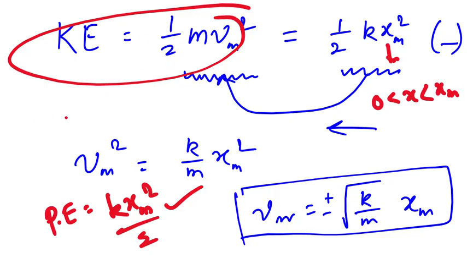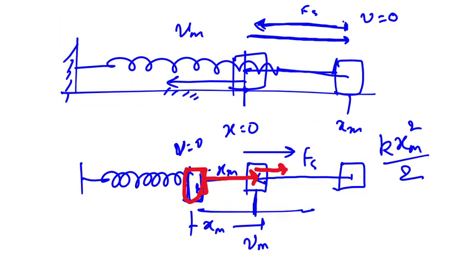In the same way, there are situations where velocity is not maximum but somewhere between 0 and Vm. You can easily figure out that at this point its potential energy is maximum, and at this point potential energy is 0, kinetic energy is maximum, that is, velocity is maximum.